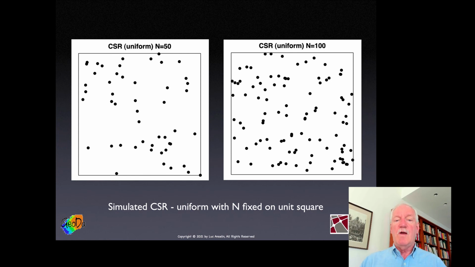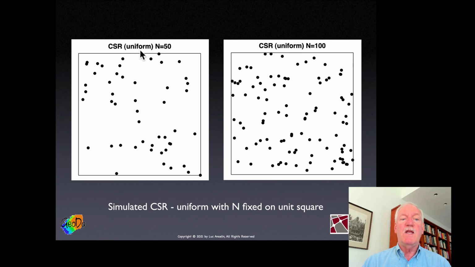And you can do this many different times and then figure out, well, what is the distribution of a particular statistic under spatial randomness. Let's say we would look at, and this is just an example, let's say we pick this little box and we compute the intensity of the points in this box. So if we do this for just one replication, it may not match the average intensity of the process that closely.